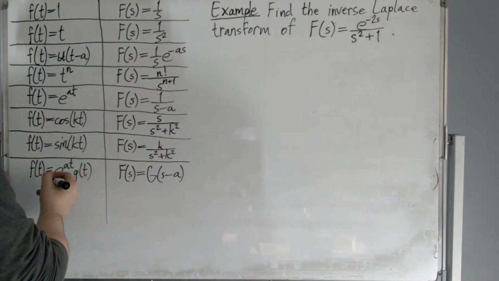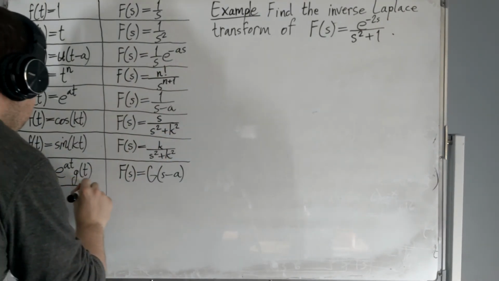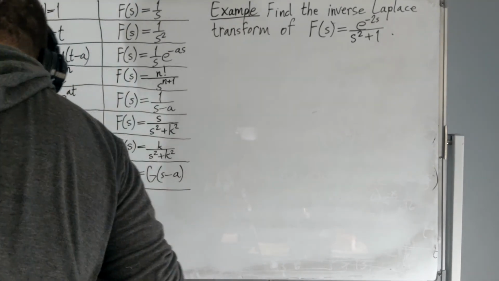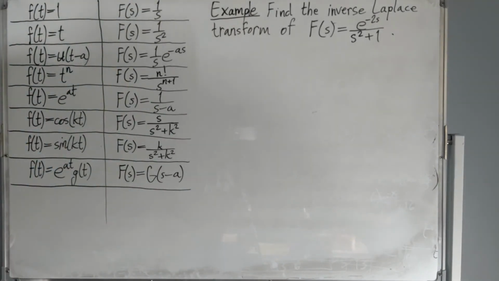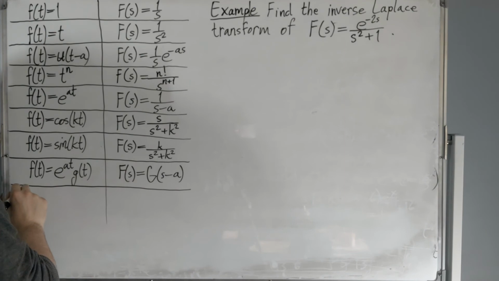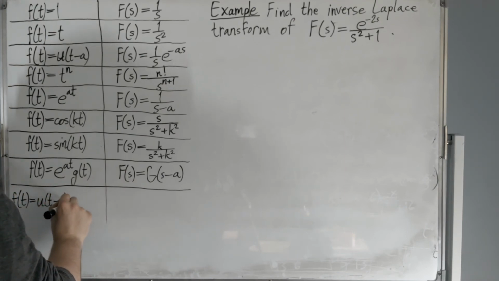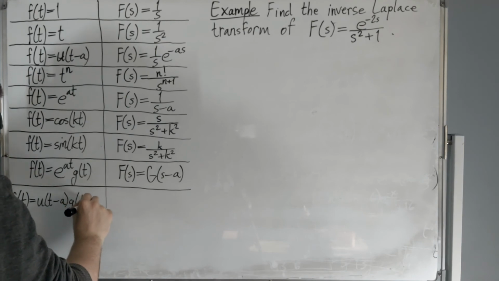So that's why we have one other rule. f of t equals u of t minus a times g of t minus a.